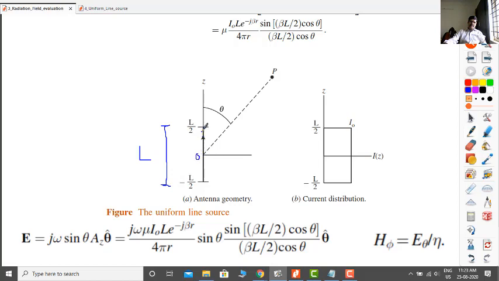Therefore, the upper portion above the origin is L by 2, and the lower part of the line source will terminate at minus L by 2. Similarly, L by 2 is the upper terminating point of the upper part of the line source.